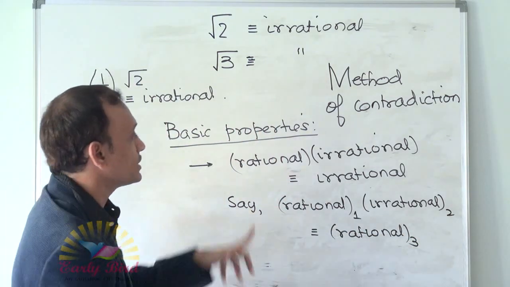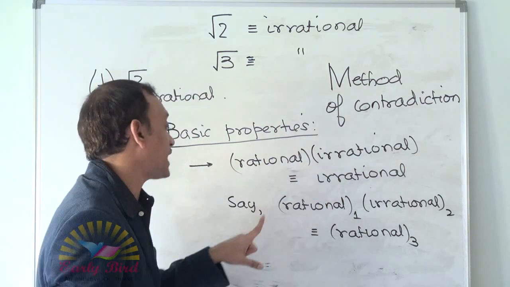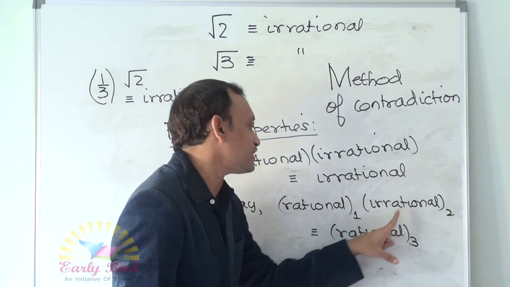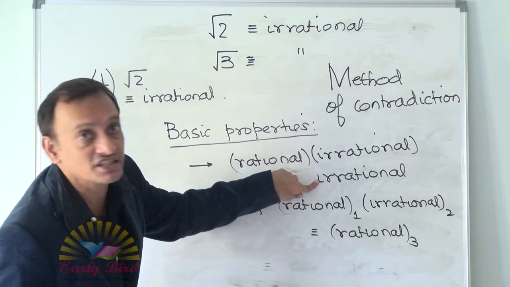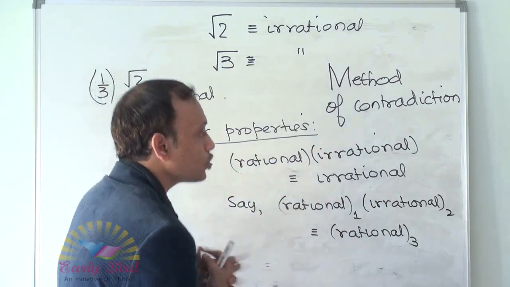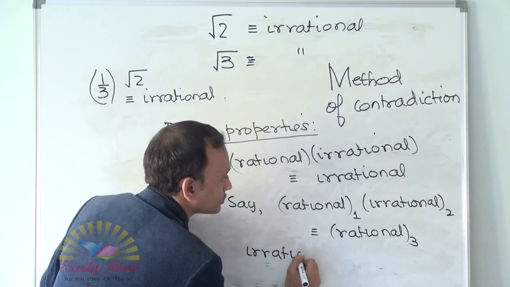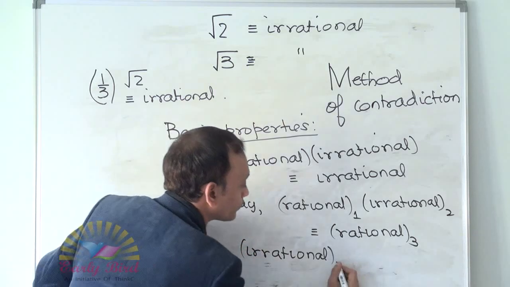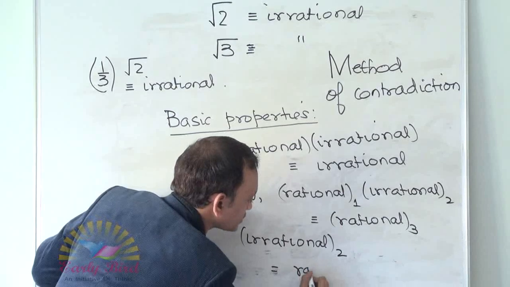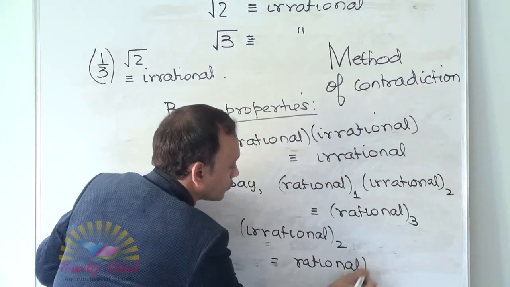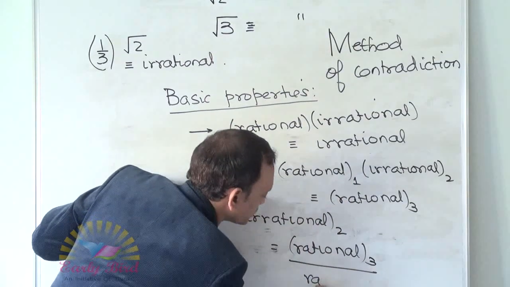The statement that I made is rational into irrational will be irrational, but I am assuming that it is a third number, which is a rational number. I am contradicting the statement. Now, what does it lead to? It leads to irrational number 2 equals this rational number divided by the rational number.